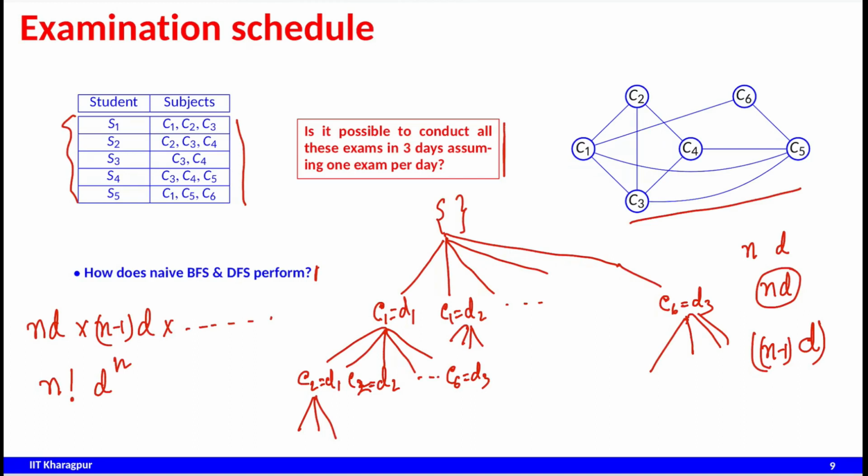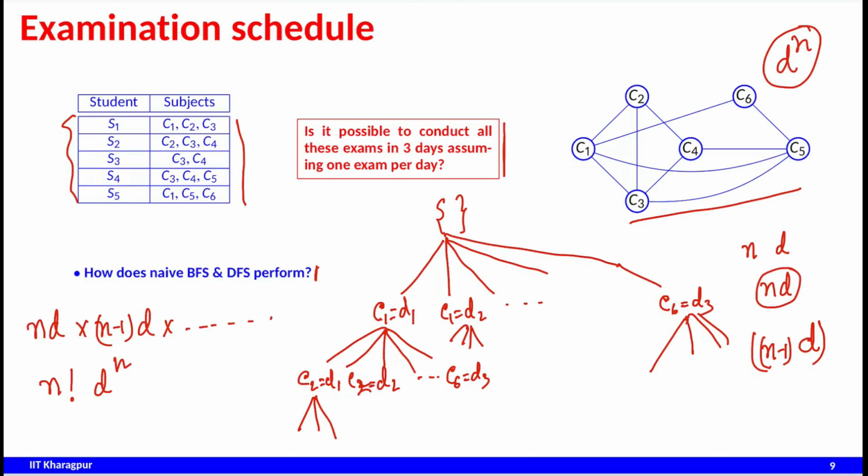And the number of possibilities that we have here is effectively the search space, which should be d to the power n, because each exam can be held in any one of the d days. So if I have d days available, the actual search space should be d to the power n.